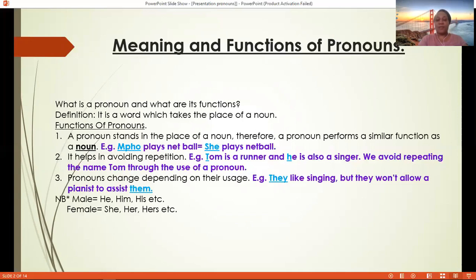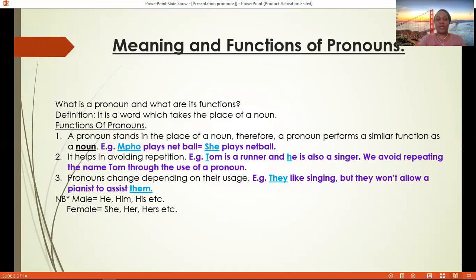For example, we have a sentence there, Paul plays netball. Then, when we replace the noun Paul, we will use the pronoun she. She plays netball. I think that is clear there that the pronoun performs a similar function as that of a noun.